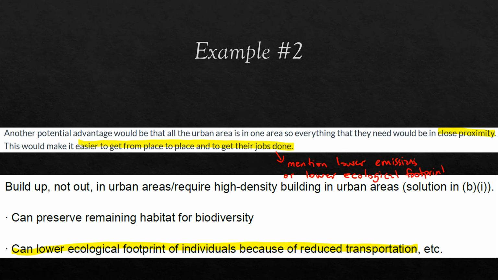So this is where it comes into play to know your definitions, y'all, the vocab words, and what is a solution, what is a problem in environmental science.